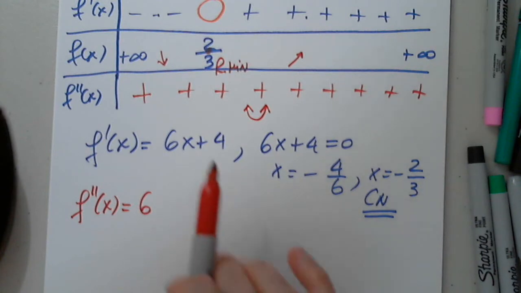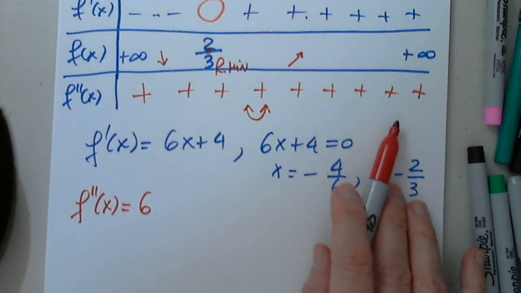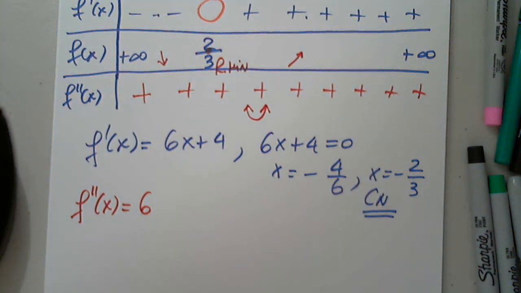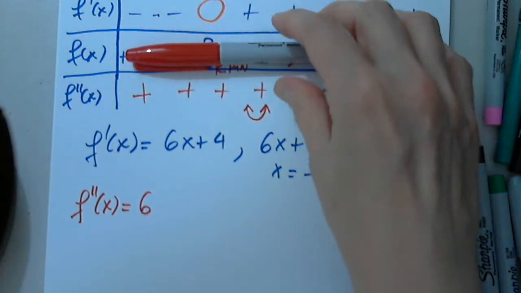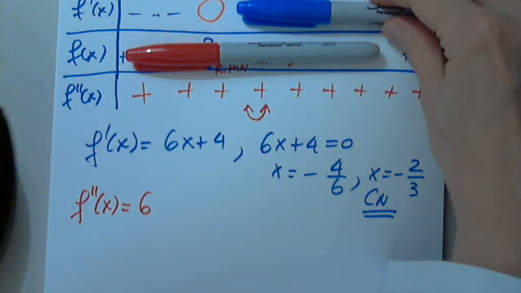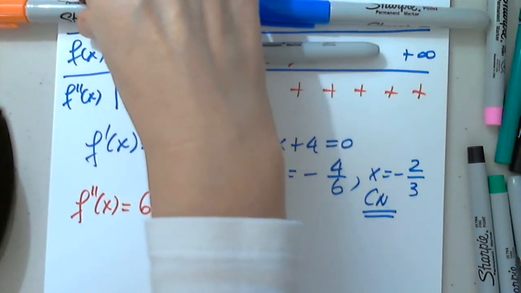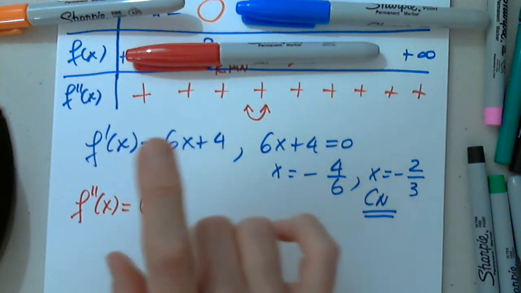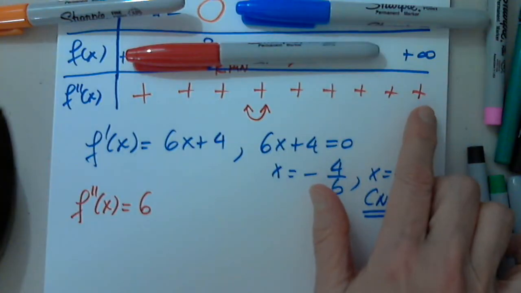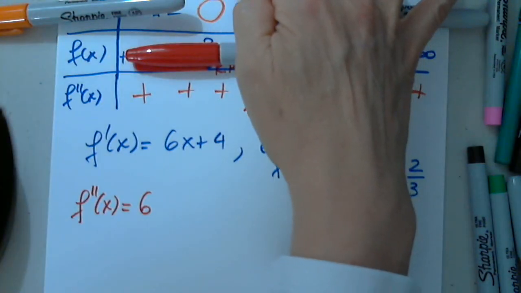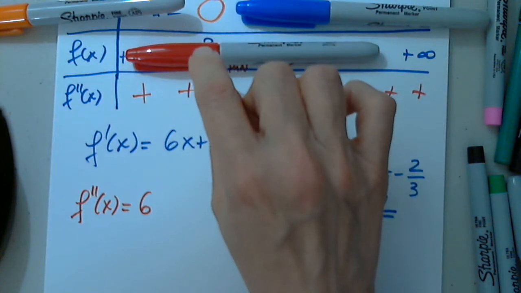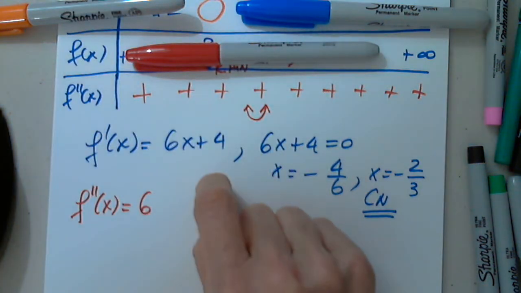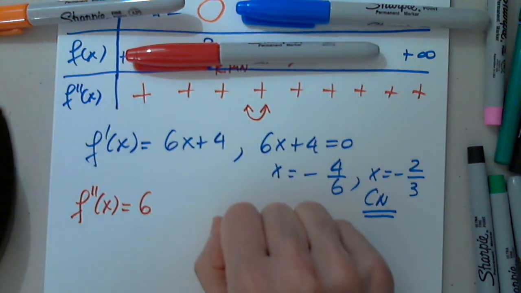Now, if the function is concave upward, this is what is called the second derivative test. I don't know what the sign of the first derivative is, I didn't study it.